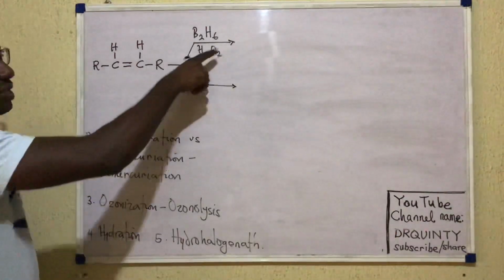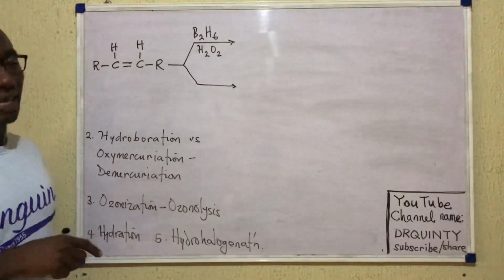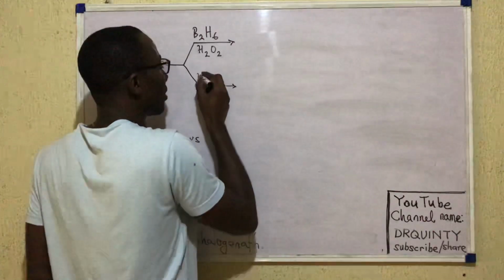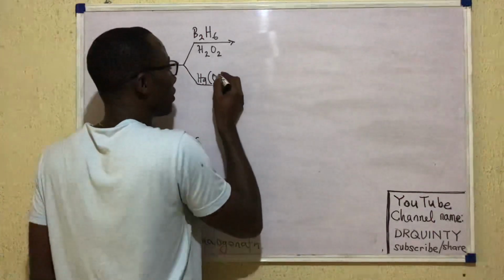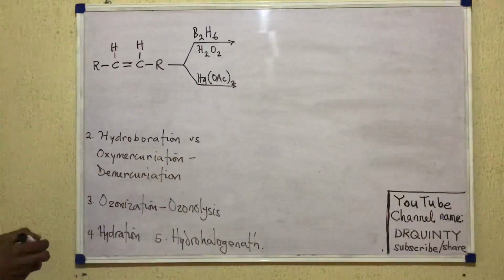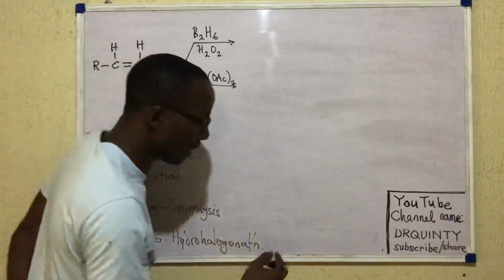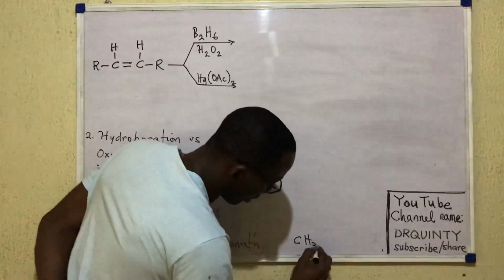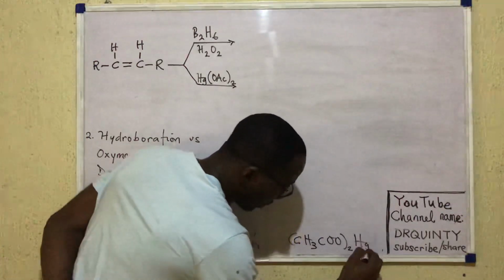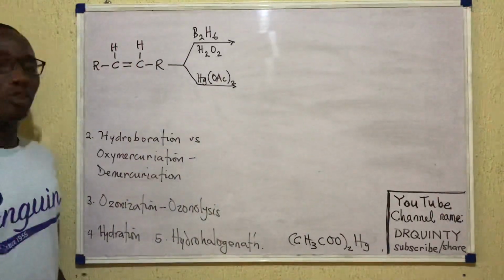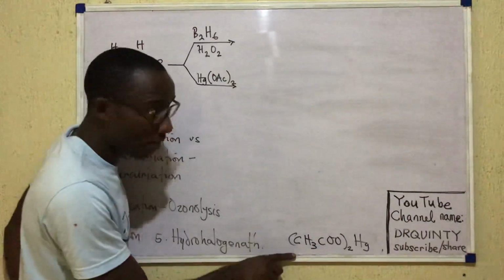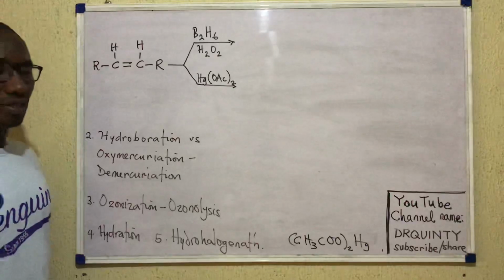So it can react with diborane and then the product gets oxidized by hydrogen peroxide, or it reacts with mercuric ethanoate or mercuric acetate, which we can write in shorthand like this, Hg(OAc)2. If I were to write it by the normal convention, I'll write it as Hg(CH3COO)2. That's mercuric ethanoate, but trivially we call it mercuric acetate. So everything you are seeing in the bracket here is what I have represented as OAc.